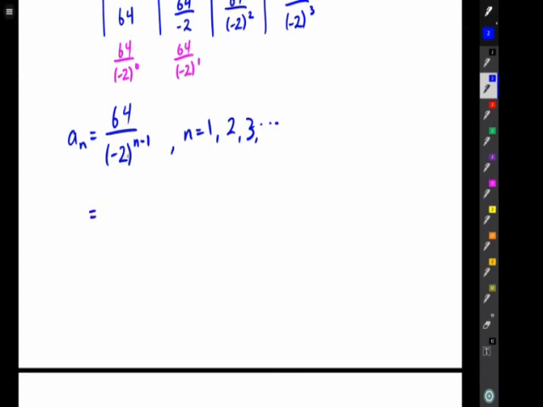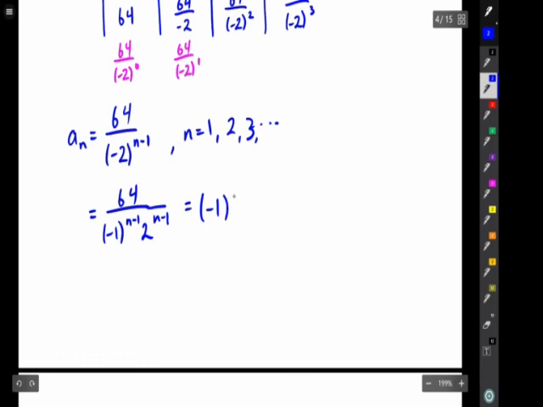So on the bottom here, I'm going to separate out the negative sign. That just allows us to write it like this, using some laws of exponents. But now, if I divide by negative 1 or multiply by negative 1, it's the same thing. So I'm going to just put the negative 1 to the n minus 1 out front like this.